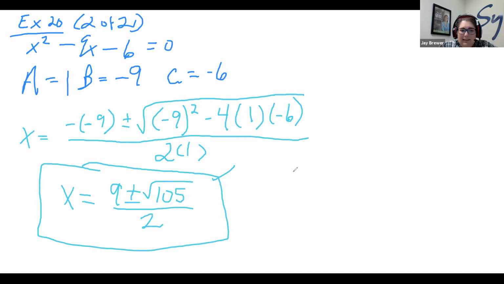If you wanted to give me the decimal version of that, if you plug all that into your calculator and end up giving me the decimal version, there are quadratic formula calculators out there.